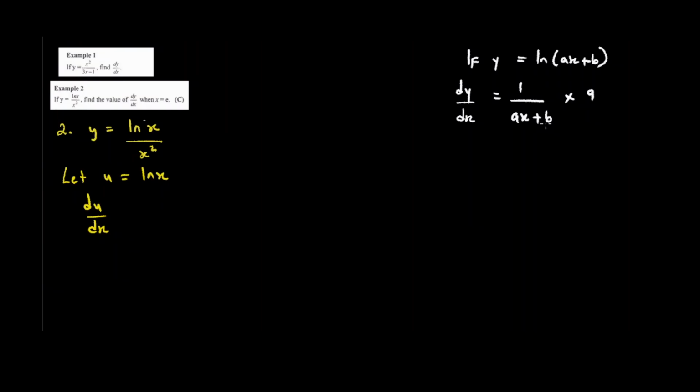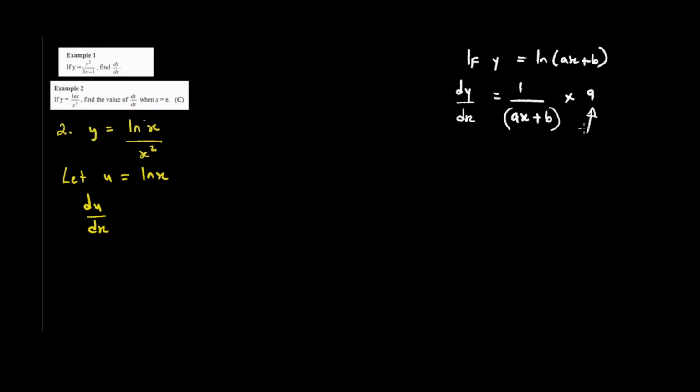You are not required to be able to derive these things. But if you want to develop your thinking mathematically, you have to always ask why. So why does it work like that? I don't have the answer yet. But differentiating a natural logarithm, it's 1 over (ax plus b).